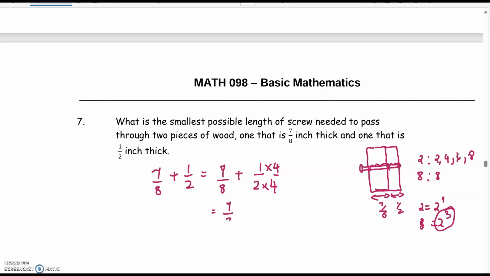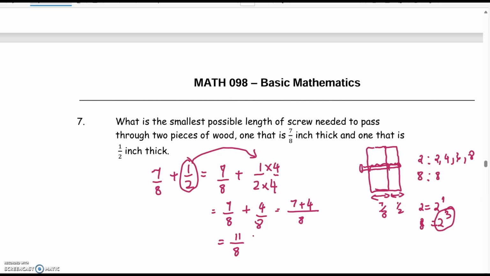So we have 7/8 plus, instead of 1/2, we are writing it in a different way without changing the value because 4/8 is the same as 1/2. So 7 plus 4 is 11/8. Let me put the intermediate step where we take a common denominator, but we add the numerators.